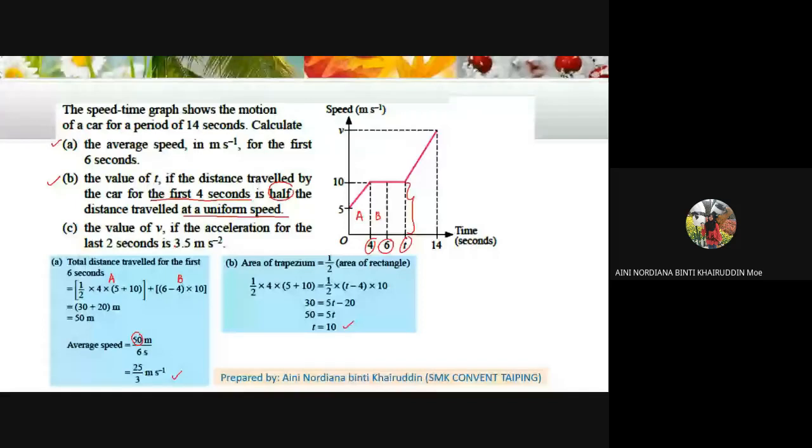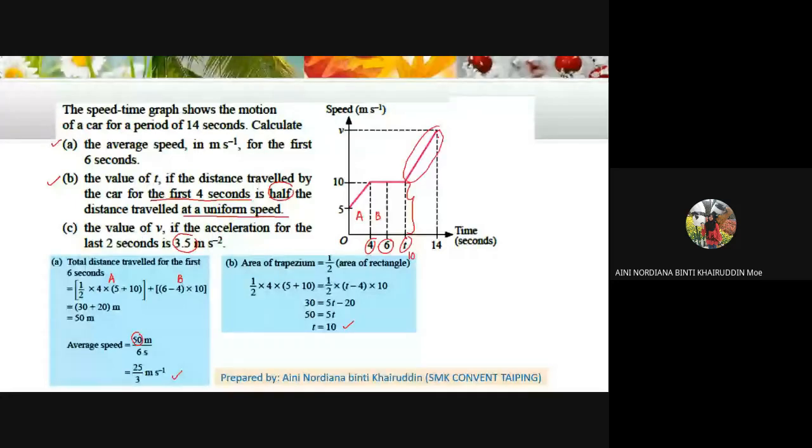So settle, we see the value of v if the acceleration for the last 2 seconds is 3.5 meter per second. So t just now is 10. For the last 2 seconds for this gradient.